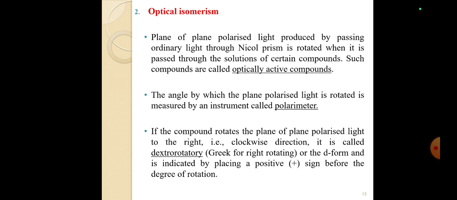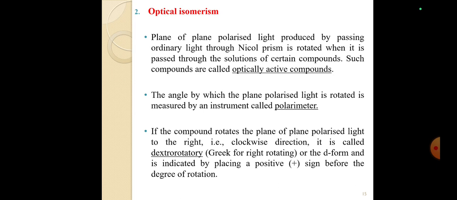The angle by which the plane polarized light is rotated is measured, and the instrument is known as a polarimeter. Whenever we place the sample to be analyzed, to determine whether it is dextrorotatory or levorotatory, into the polarimeter and pass the light through it, we see how the sample reacts with that light.